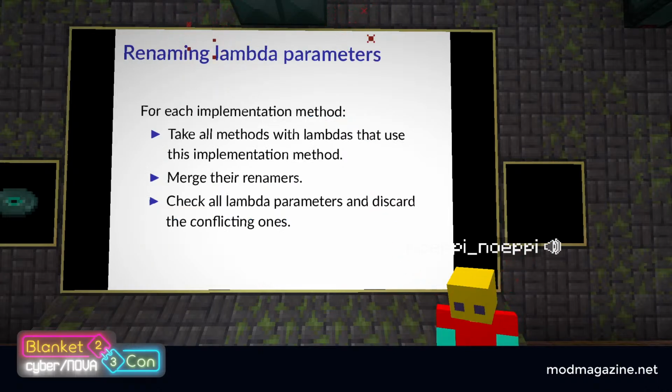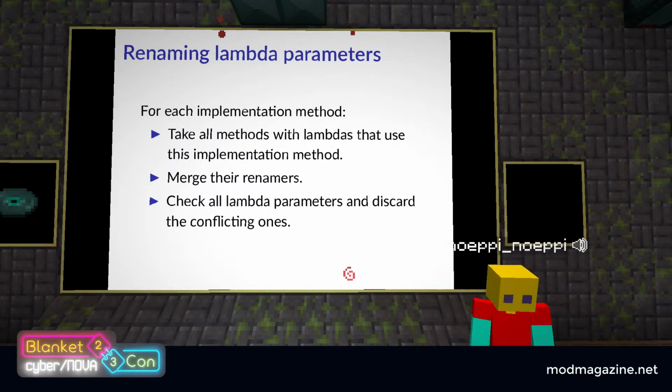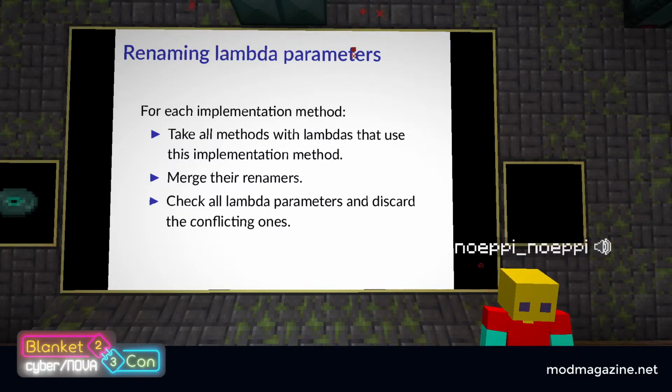So now that we have a relation between lambdas and implementation methods, renaming the lambda parameters actually gets pretty easy. Because whenever SugarCane finds an implementation method in the Parchment data, it can just look at which lambdas use that implementation method, and then take all the methods that contain those lambdas and merge their parameter renamers together, and then use that parameter renamer on the lambda parameters to also map them, and only add a p if required.